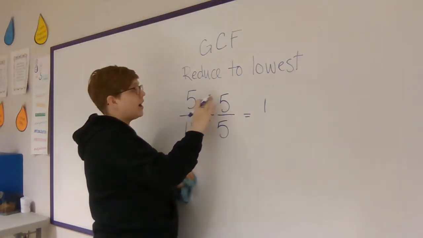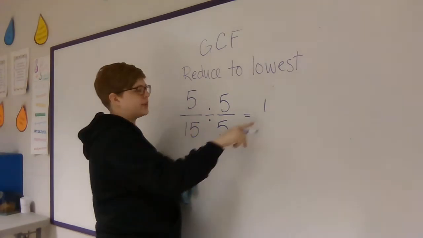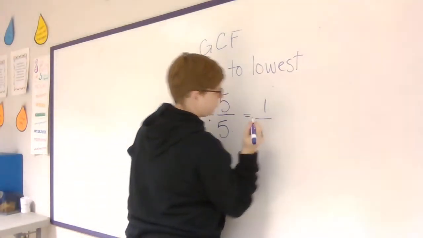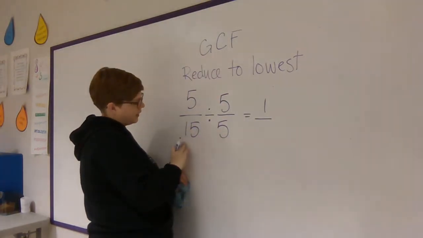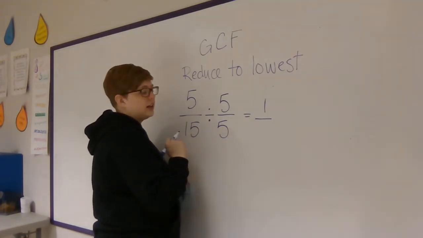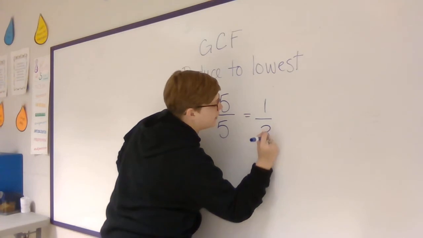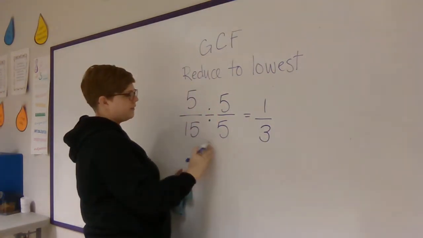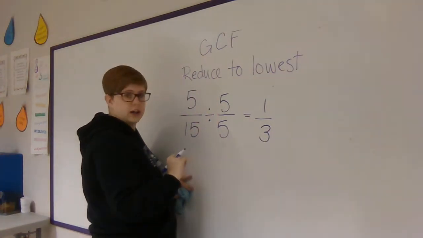I can divide 5 into 5 groups of 1, or into one group of 5. 15 divided by 5 is 3. 15 into 5 groups of 3.